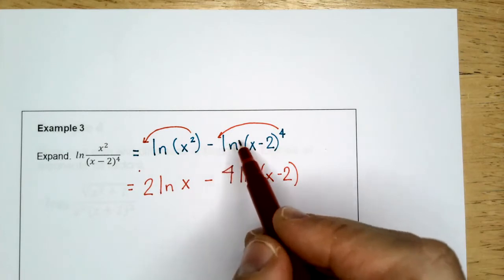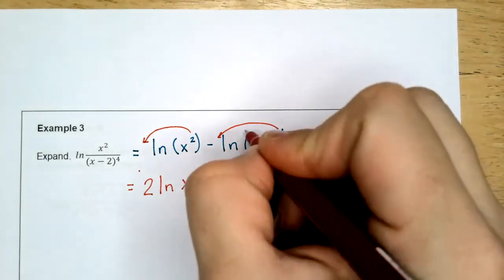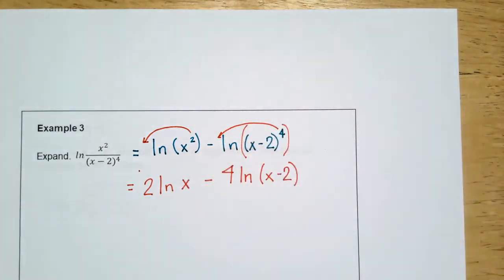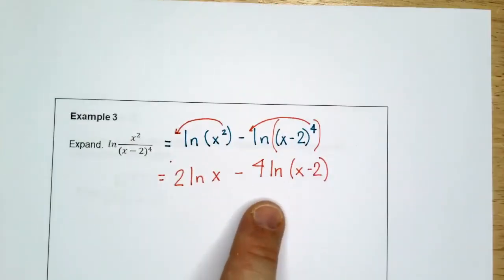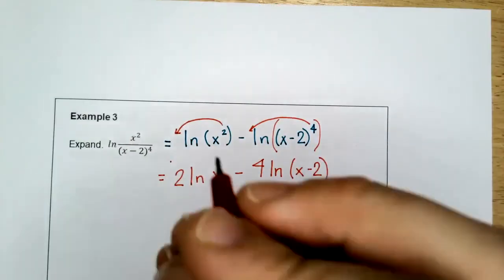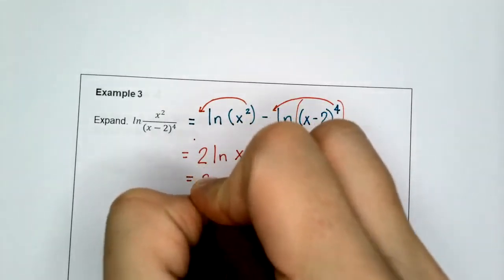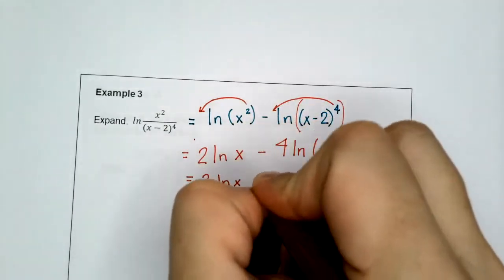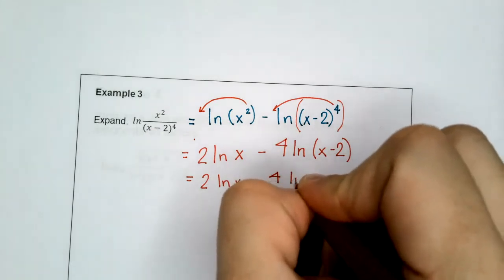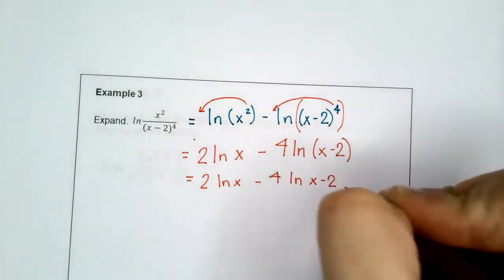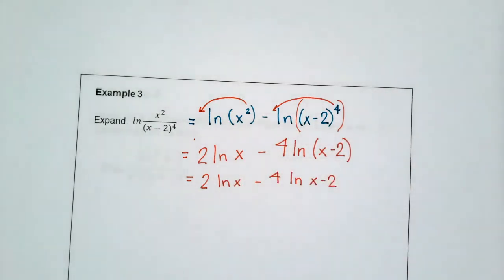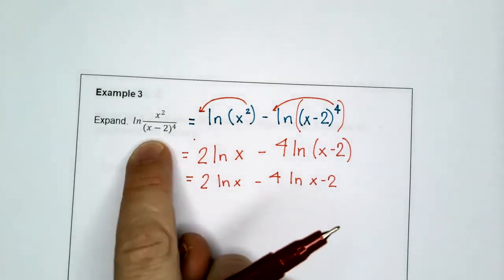So I could have put parentheses here too, right? If I wanted, just to show what we are taking the log of. All right, that is as simple as I can make it. And you can write it as 2 natural log of x minus 4 natural log of x minus 2 without the parentheses. You would be okay. So we have expanded from the condensed form.